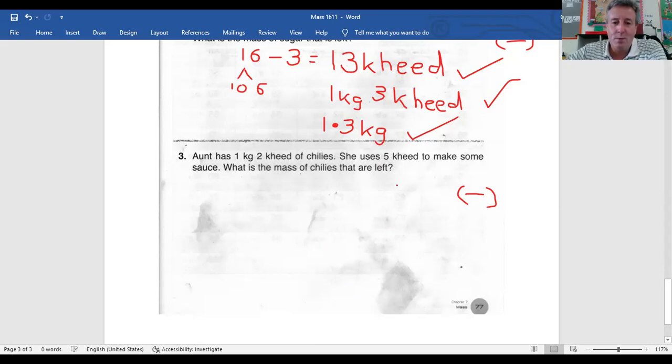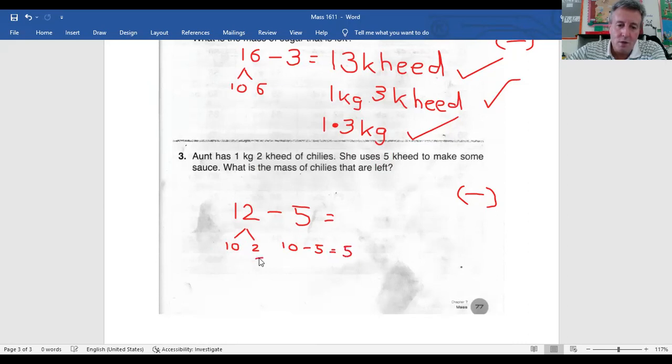Okay, if we've all finished, we can say 12 minus 5 equals. 12 minus 5. How can we do that? Let's make 10 again. 10 and 2 is 12. We can say 10 minus 5 equals 5.